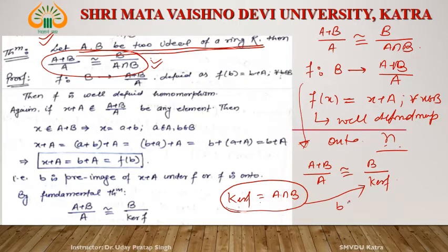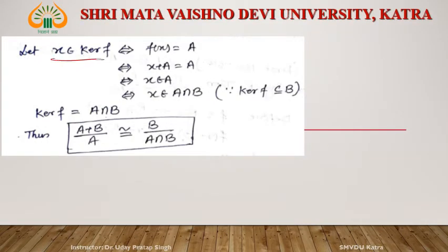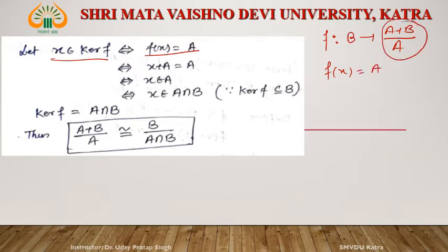Let x belong to the kernel of f. Then what is f(x)? f(x) is equal to A, since f is a map from B to (A + B)/A, so if x belongs to the kernel of f, then f(x) maps to the identity of this factor ring, that is A. But f(x) is equal to x + A, that is A. This implies that x belongs to A. But x is an element of B also.